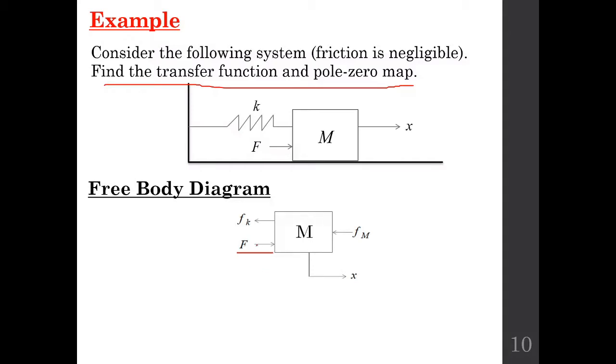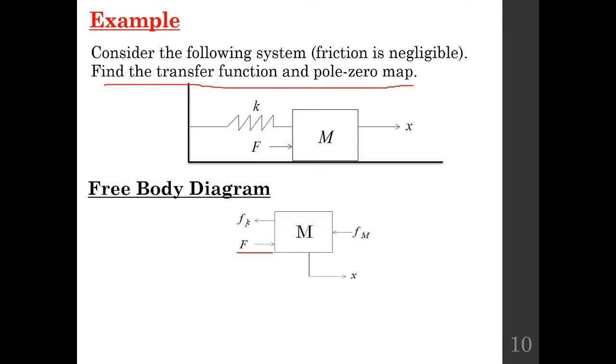Now, if the applied force is in this direction, then you need to find out what are the forces which are acting against this applied force. Here we have two forces that are acting in the opposite direction of this applied force. One is the force applied by the spring, and the second is the inertial force of this body, which we are representing by F of m.